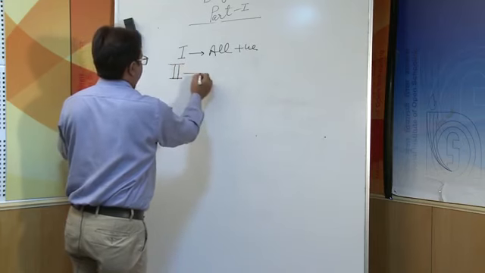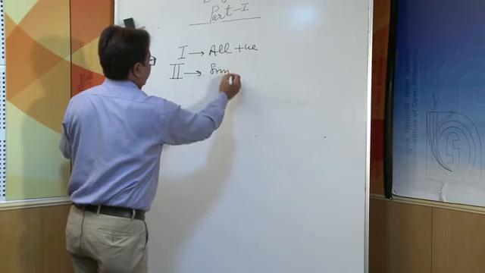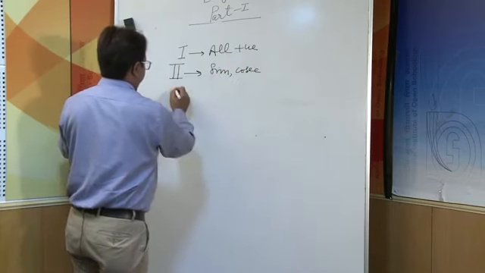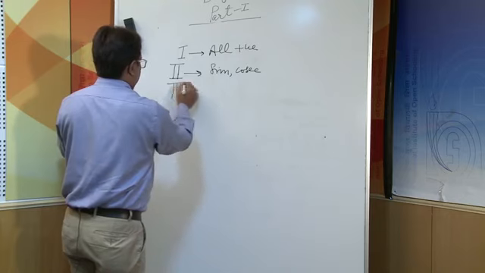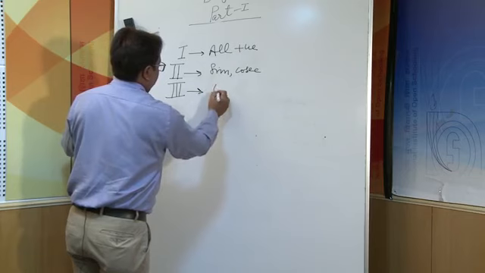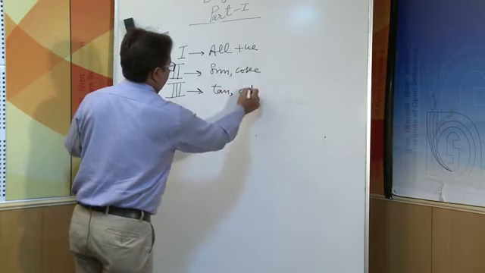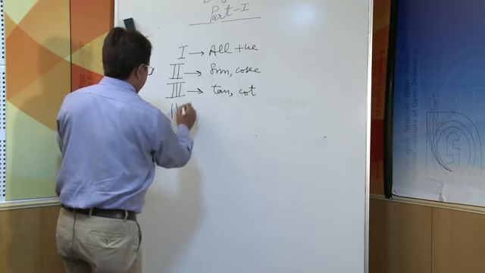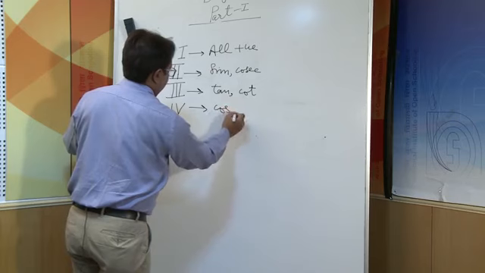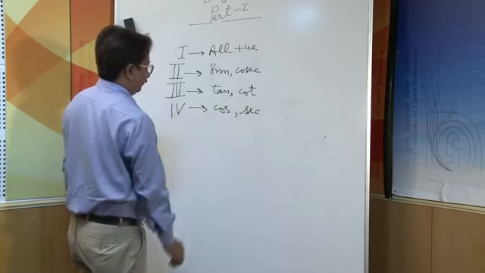In the second quadrant, sine is positive, cosec is positive. In the third quadrant, tan is positive, cot is positive, and in the fourth quadrant, cos is positive, sec is positive.